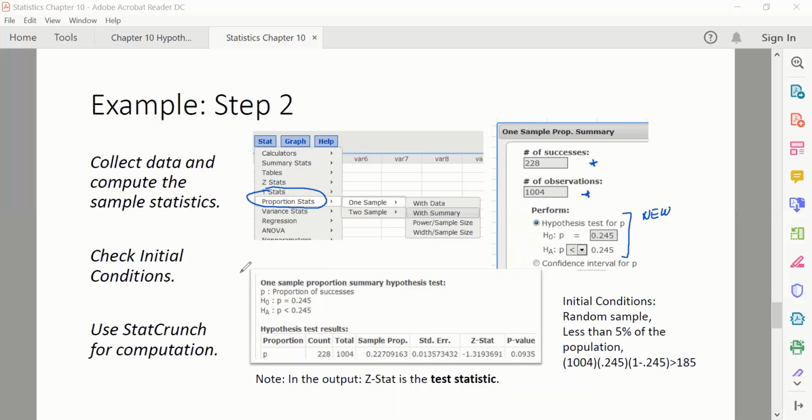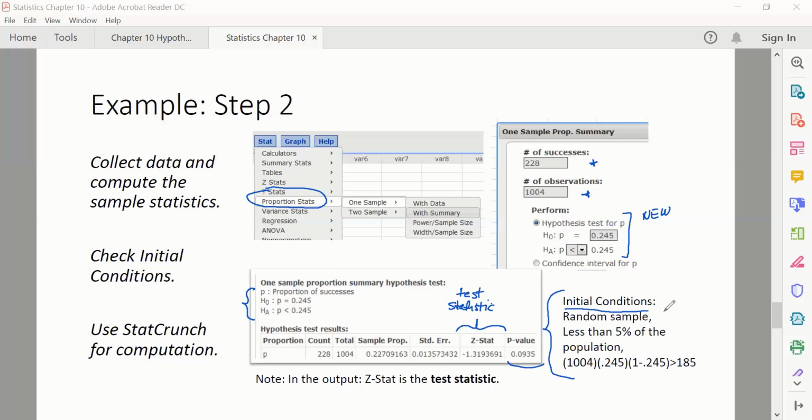Out will pop the results of the test as we put it in before. We get our Z statistic, and this is our test statistic. And our p-value.